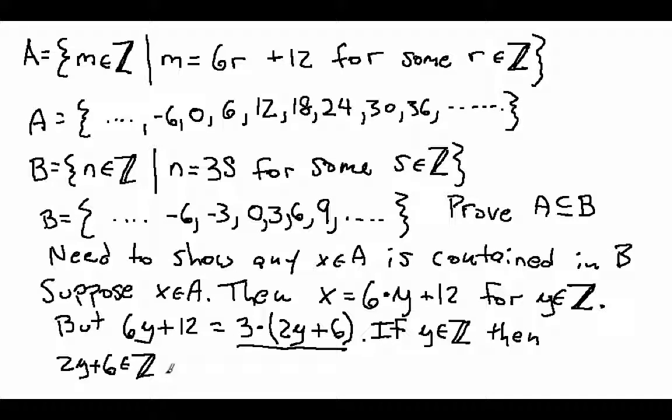Therefore, x is contained in B. And I'll put these there to indicate that the proof is done. So what have I shown here? I have shown that A is a subset of B.